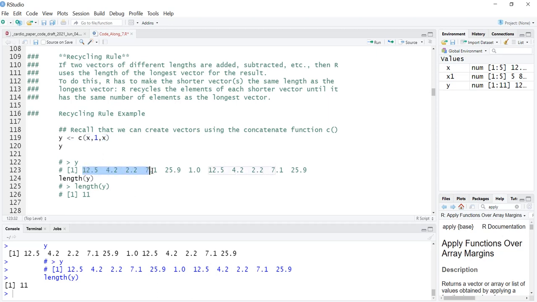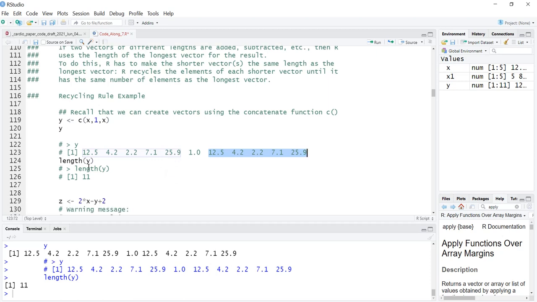So here's x. Here's 1. And here's x again. Okay. All right. So we've created this vector here.